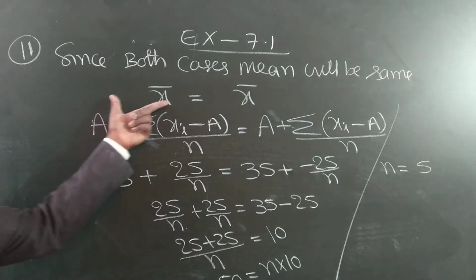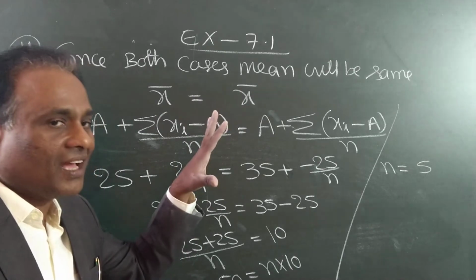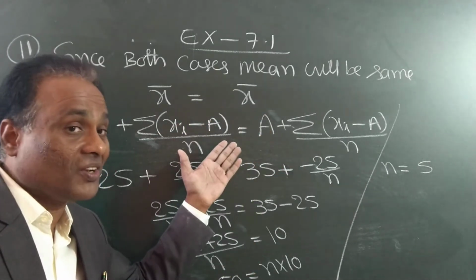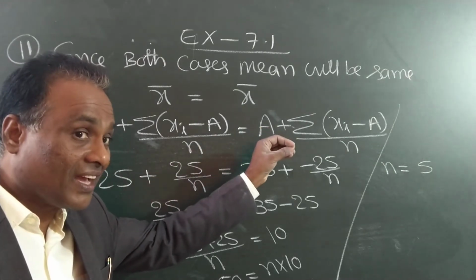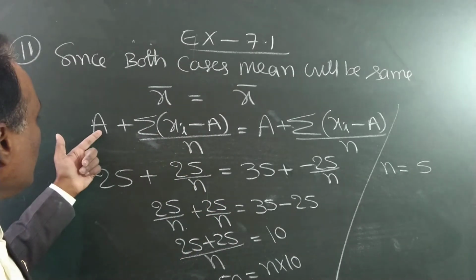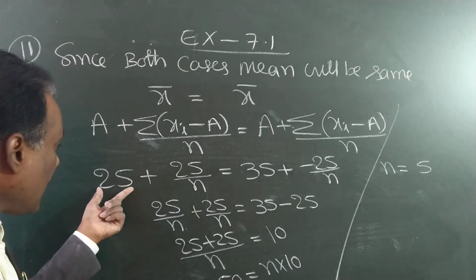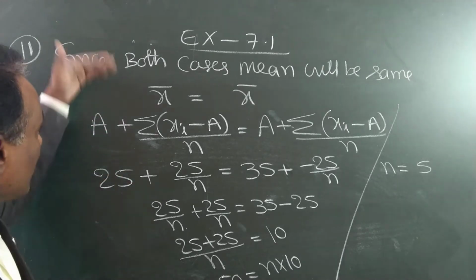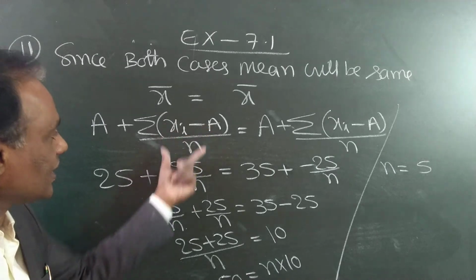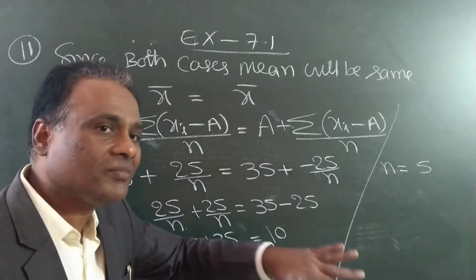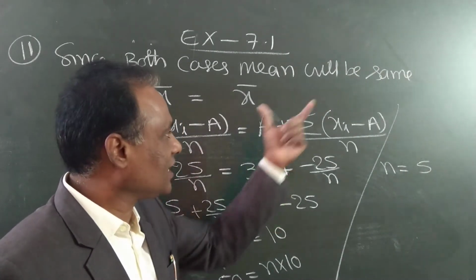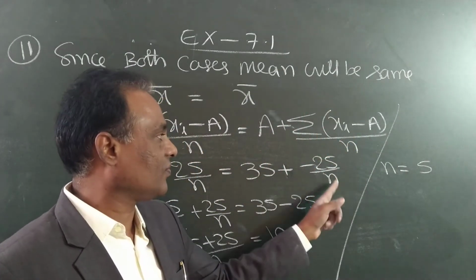See students, same data, mean is calculated two ways. Just the previous problem we did, no. Today we took 20 as the a value. Yesterday I took another number. So now in the first case a is taken as 25, and from 25 each number is subtracted and all those deviations are added. Directly it is given as 25. Second time a is taken as 35. From each number 35 is subtracted, the deviations are added, that is minus 25 by n.